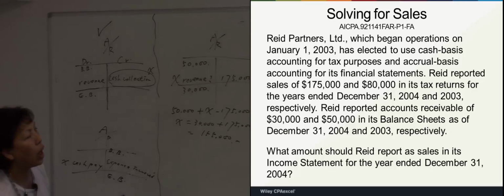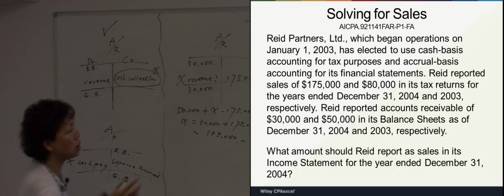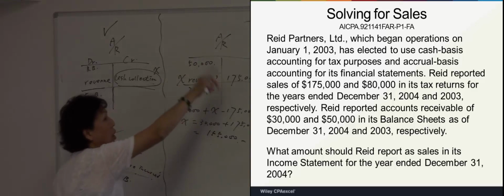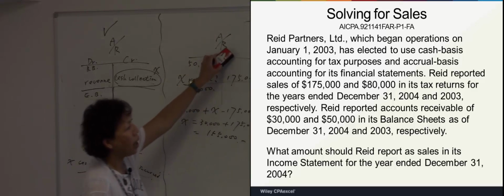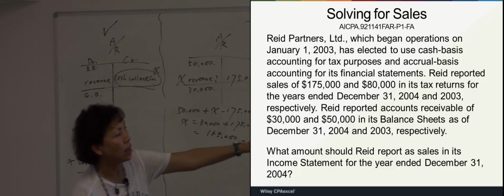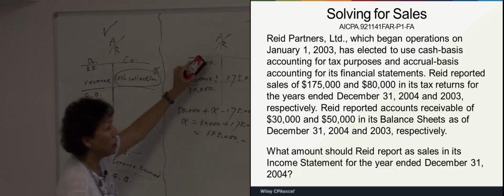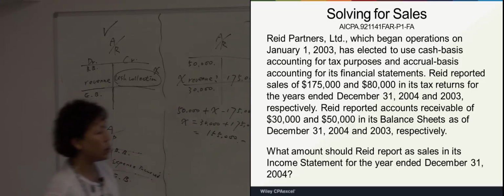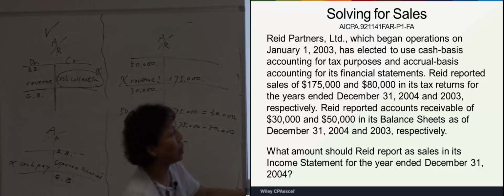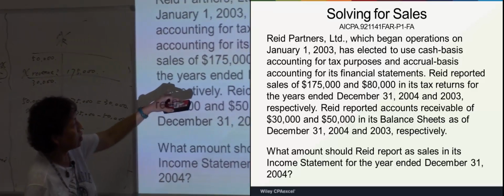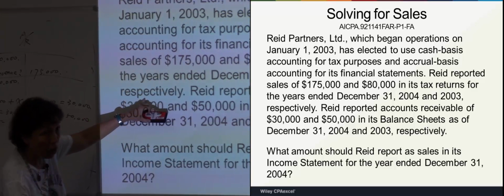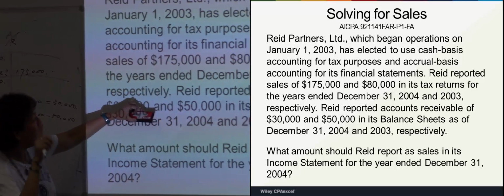If you don't know how to start, just draw a T account and put the AR, because you are given information about AR. Based on the information given, you enter the beginning and the ending. The question asks you to compute the accrued amount for 2004, so you apply the cash amount for 2004, not 2003.